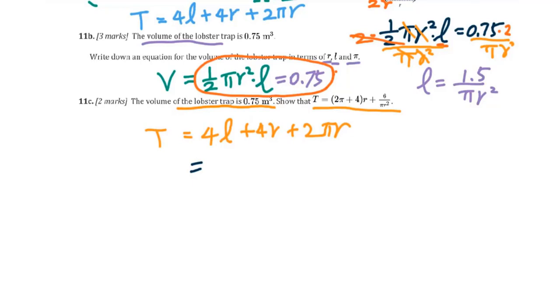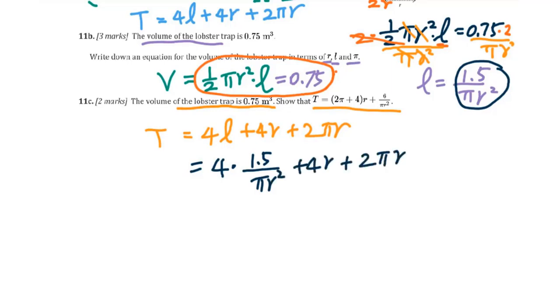Then we will substitute this L by using 1.5 over pi r squared. So we have 4 times 1.5 over pi r squared plus 4r plus 2 pi r. So we get the 6 over pi r squared.